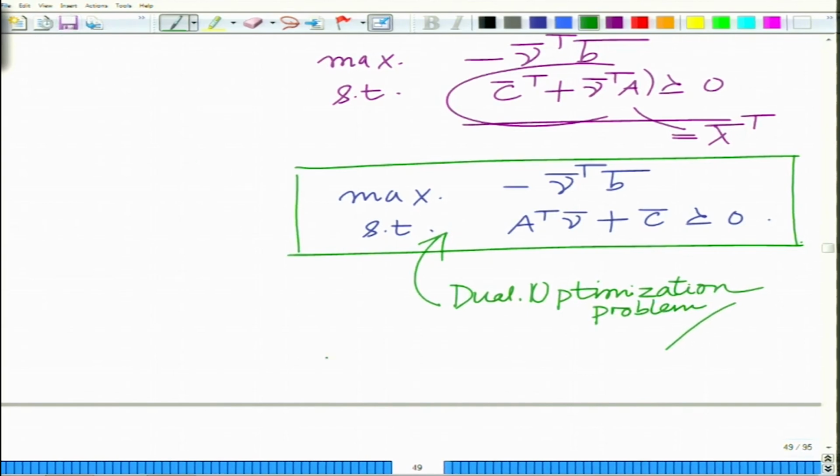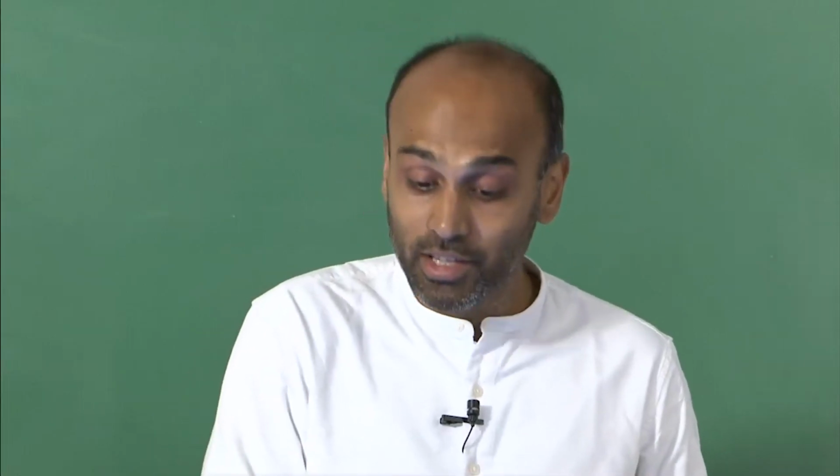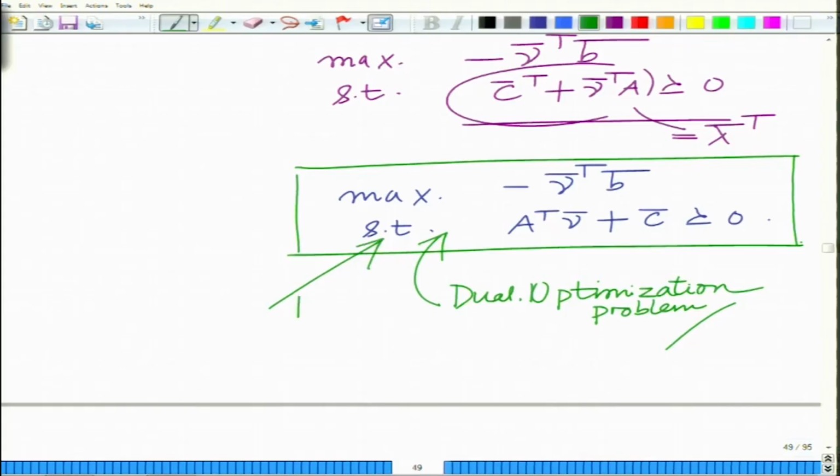Since the original problem is a linear program, the dual optimization problem you can also see is a linear program.